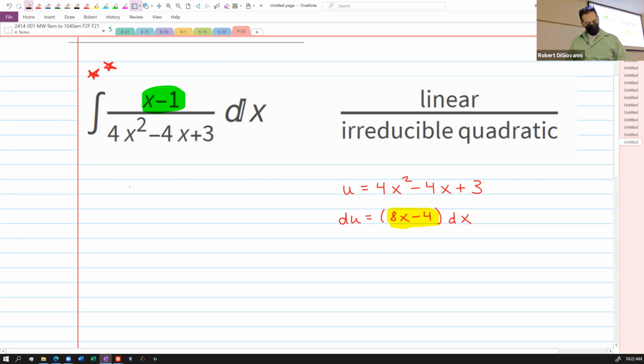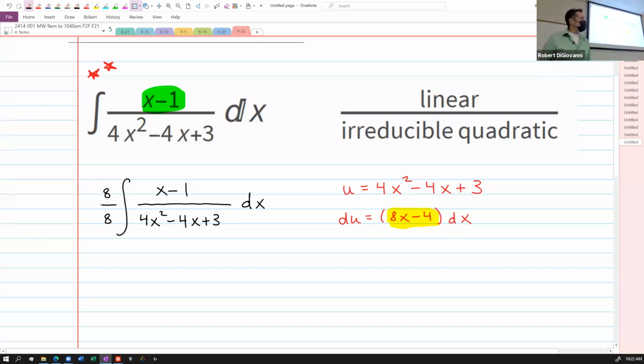So take this integral. I'm going to multiply by 8 on the top and 8 on the bottom. That's not changing the problem, is it? No. But I can leave the 8 in the denominator here, outside, and I can pass the 8 up through, and I have to multiply it through both terms.